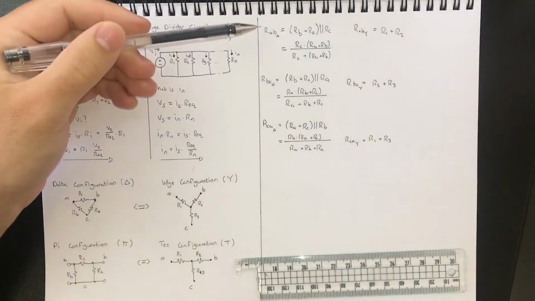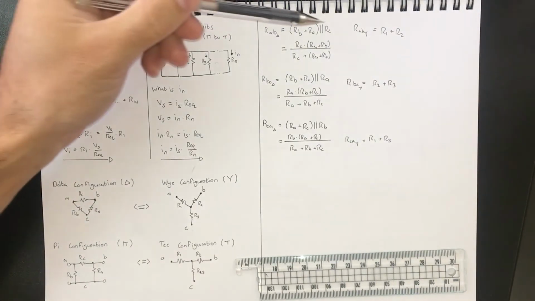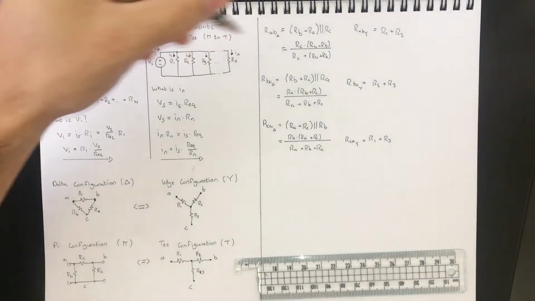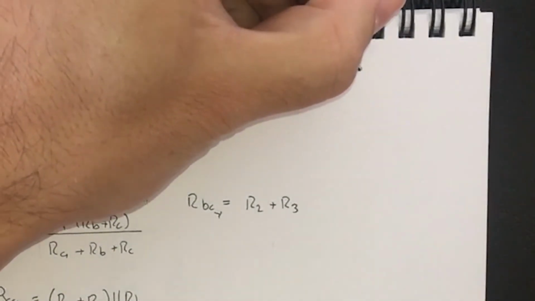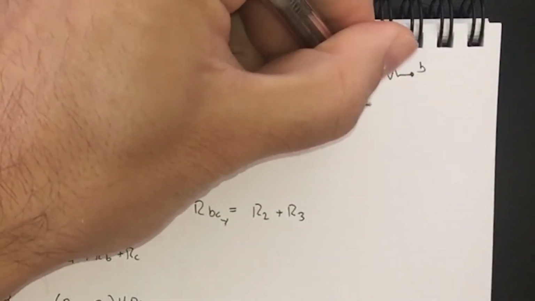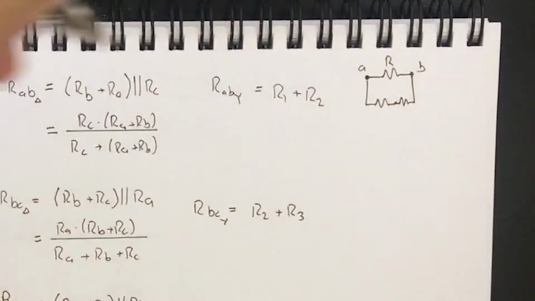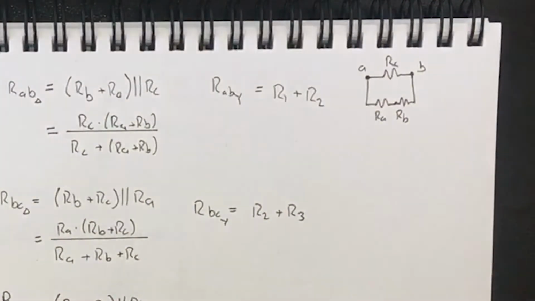So the resistance that we see between nodes A and B, RAB, we stated that it was the parallel combination of RC with RA and RB. If this is not exactly clear, let's write it out. We have RA, with nodes A and B. We have RC here with RA and RB.